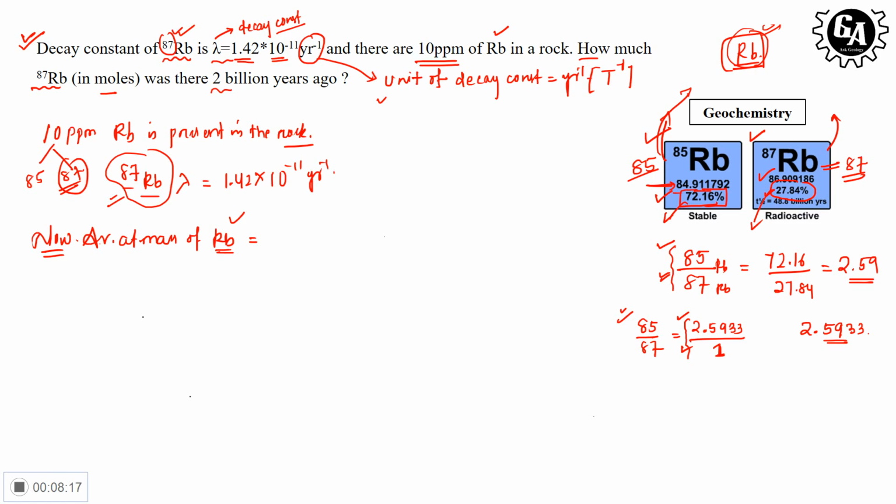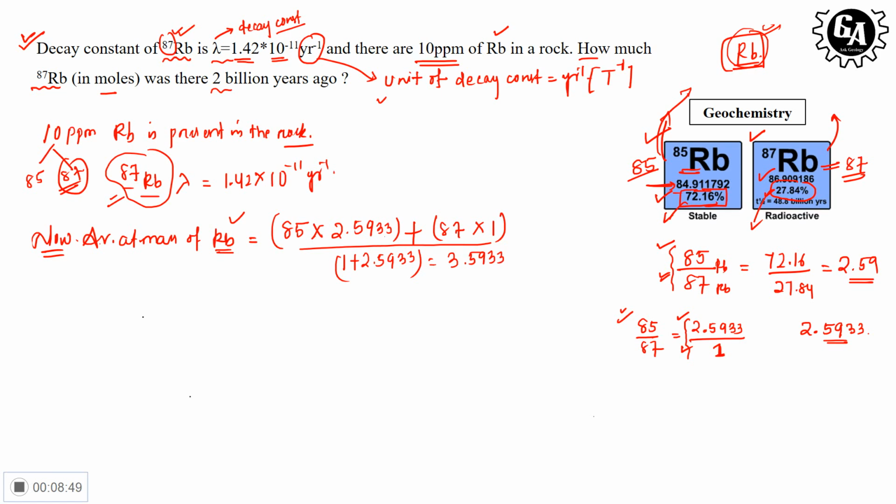So this is the 85 rubidium, and what is the abundance? 85 into 2.5933, plus 87 into 1, whole divided by the total, which is 1 plus 2.5933, equal to 3.5933.